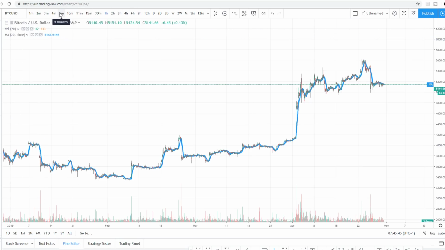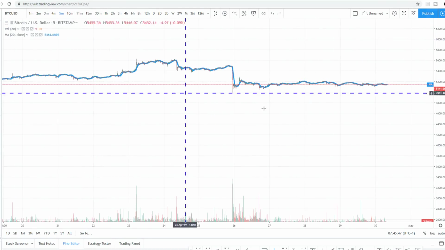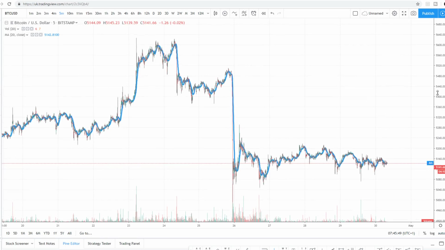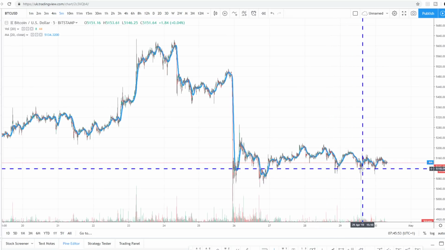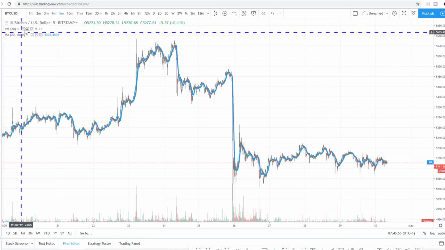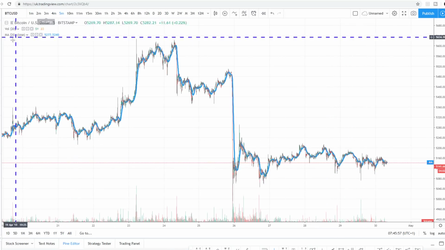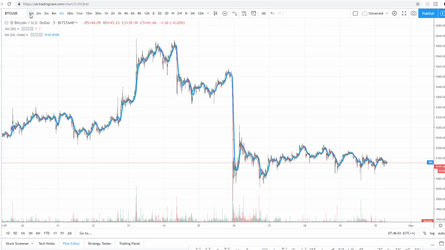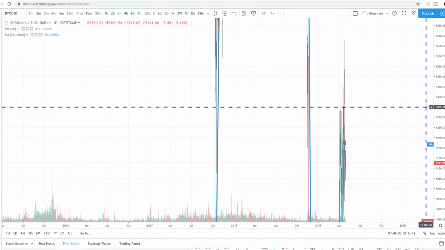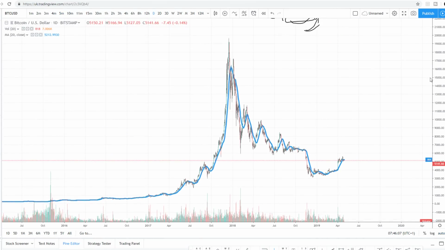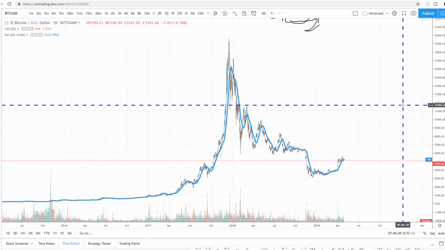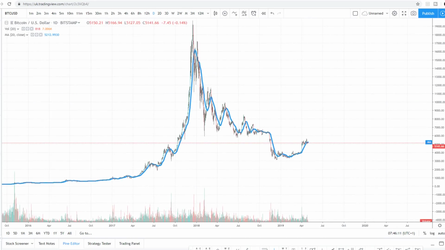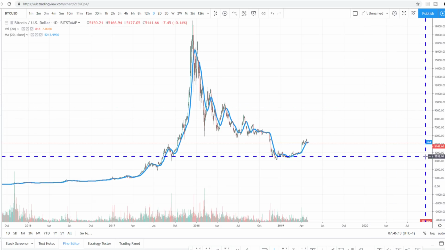If I put that on the 5-minute, it will be the 20-point moving average on the 5-minute time frame, i.e. the last 20 five-minute candles. 20 times 5 makes 100, so the last 100 minutes, and here it would be 20 minutes. So you've got to understand the reason the line moves on different time frames, because technically it's a point moving average. That's a very obvious point, but it's important to highlight it.